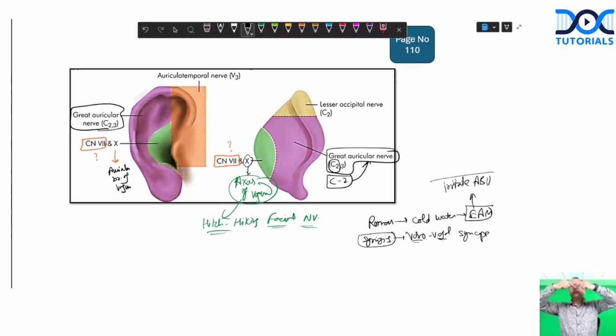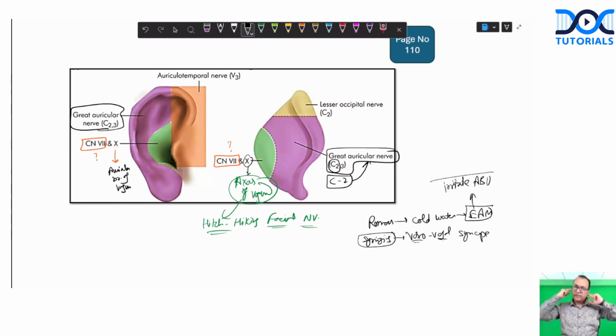It is a parasympathetic system, causing bradycardia of the heart and syncope. So you should be careful while ear syringing, because you can irritate this vagus nerve. As it is irritated, it will tell the CNS, and the vagus itself will be activated, and it can cause parasympathetic bradycardia and syncope.